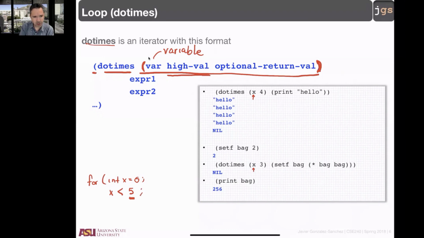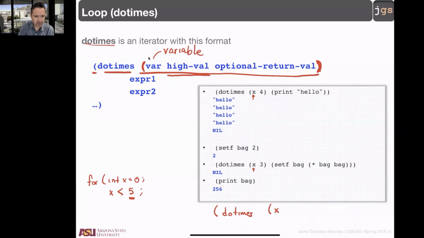In Lisp, you will do open parentheses, do times, open parentheses, and then the variable x, and then I don't care about equal 0. I don't care about the lower than 5.